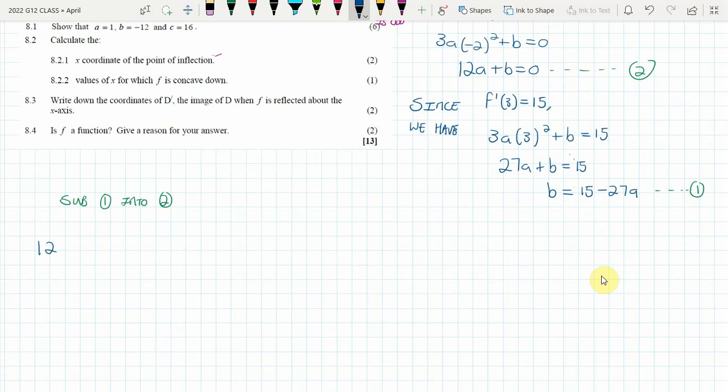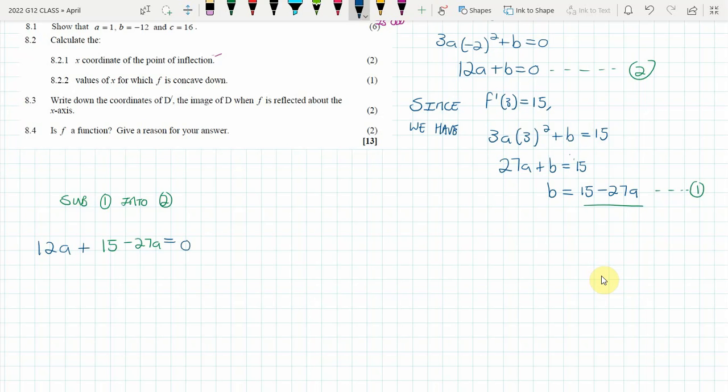Equation 2 is 12a plus b, but b is just 15 minus 27a. Because the sign in front of b is positive, we can just not write the brackets, but had it been negative, it would have been essential. So we have equals 0 there.